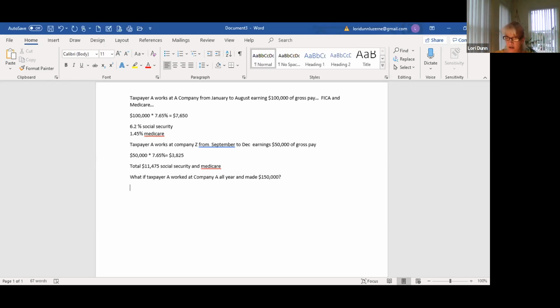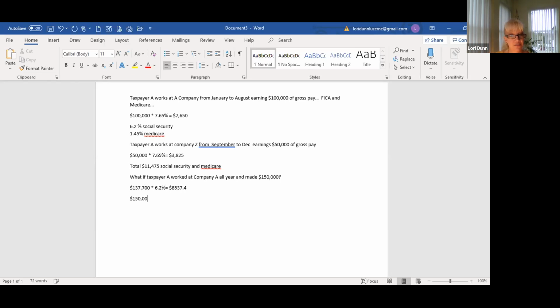Both situations made $150,000. But because he stayed at company A the entire year, company A will only tax the first $137,700 for Social Security, 6.2%, because that's the cutoff. Or $8,537.40.